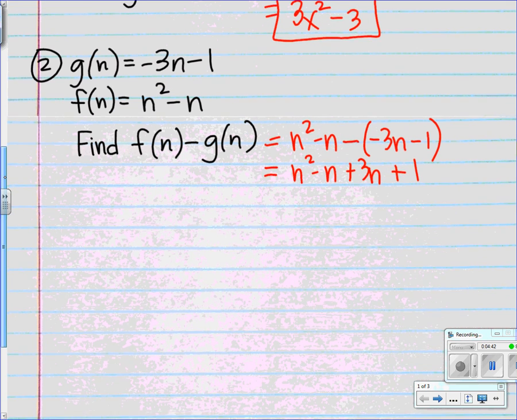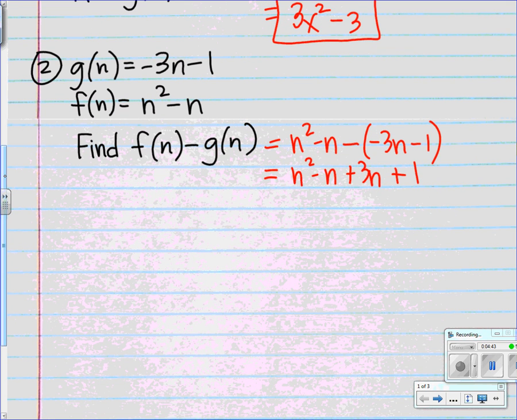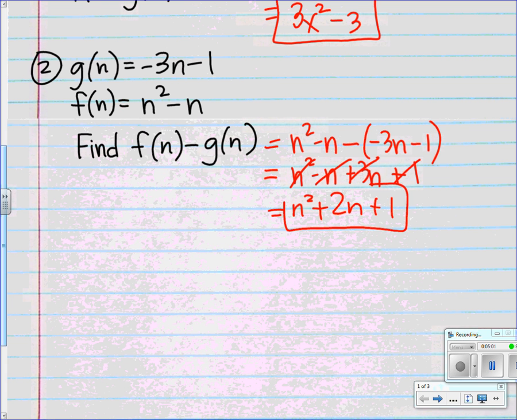And then we don't have any other squared terms, so it'll just be our 1n squared. Then we have a negative n plus 3n, which gives us plus 2n. And then we have just the plus 1 left. Right? Questions?